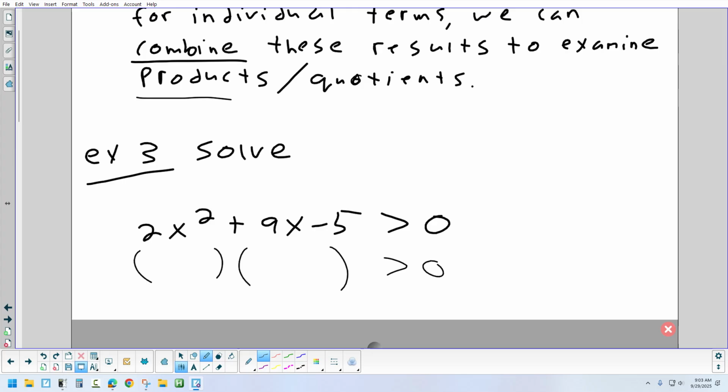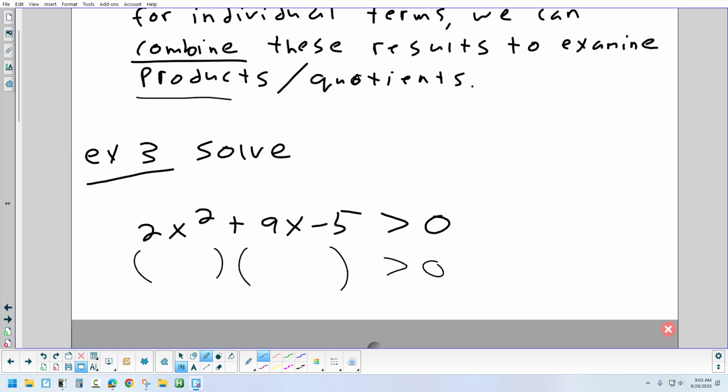So when we're done, we're looking for a positive result. One thing I should mention is if your inequality is not already isolated with 0 on one side, you need to do that first. Anytime you're factoring, you've got to get 0 on one side. All right, but we already have that. We got 0 on one side.